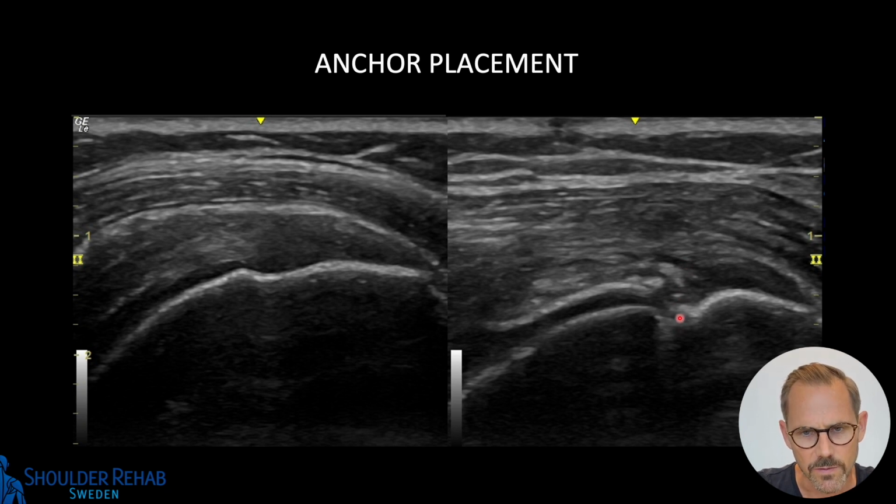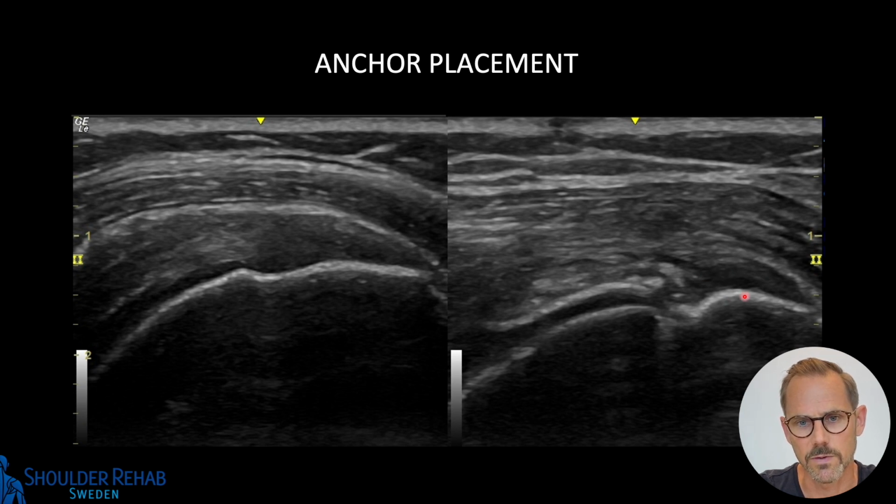So here we have the hole for the anchor, and we can see directly medial to this that we have tendon tissue, and also we can see the actual suture here, this hyperechoic line. But since the anchor is placed more medially, we will have a bare area here, which is hypoechoic. This is what we usually look at when we say that we have a rotator cuff tear.